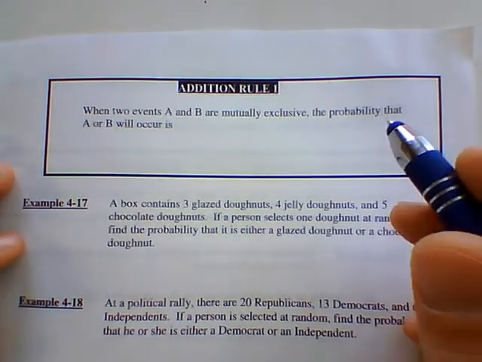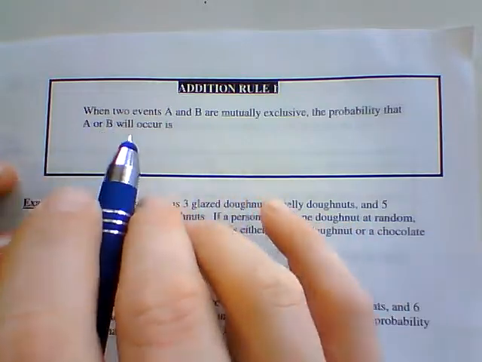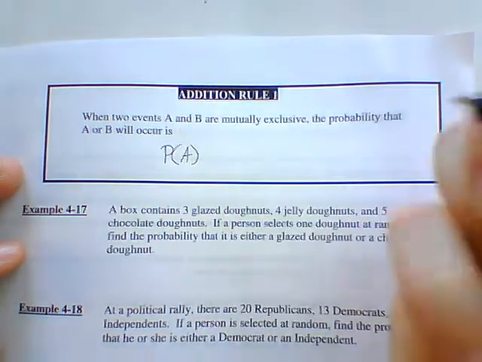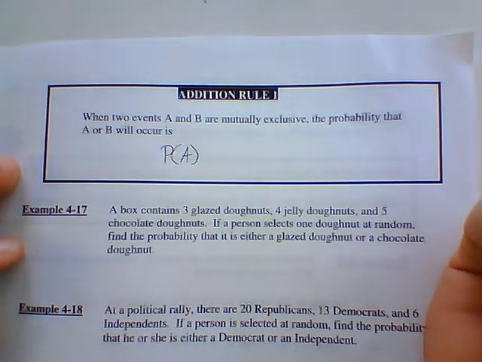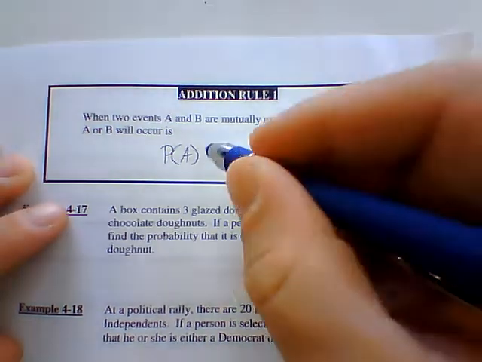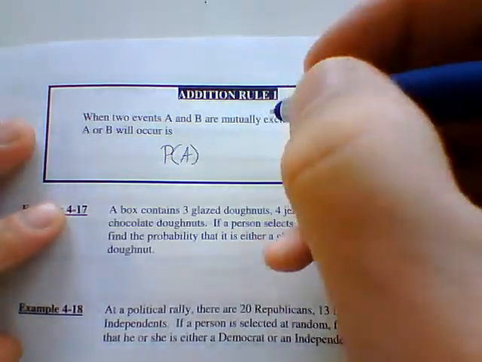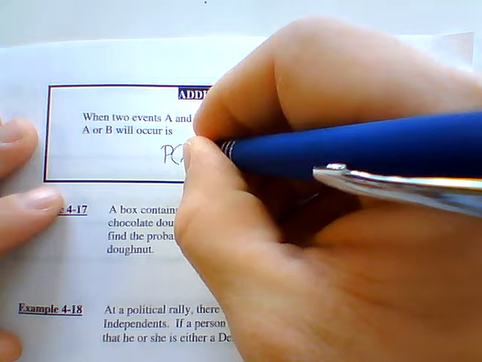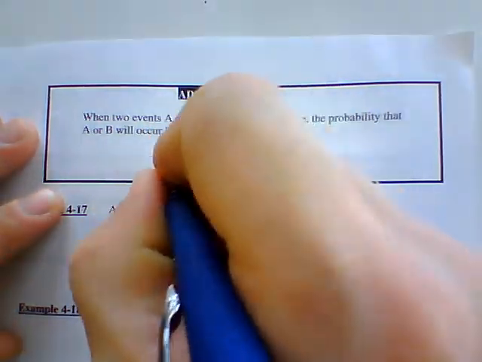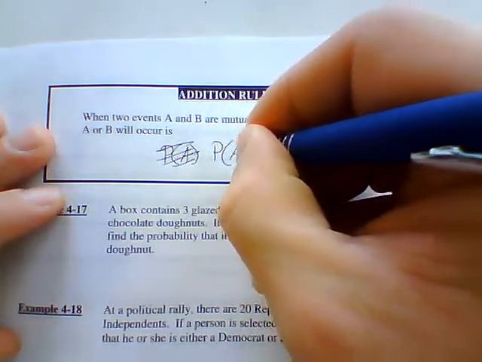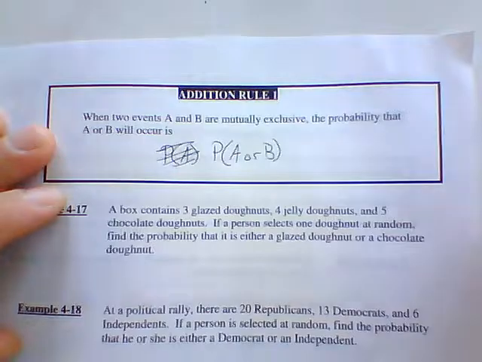If two events are mutually exclusive, the probability that A or B will occur is, you ready? So the probability of A happening, get used to formal writing because you're going to have to read some of that stuff. I hate it for you, but you're going to have to be able to read math, not just do the word problems. I wrote this formula backwards. The probability of A or B happening, right?